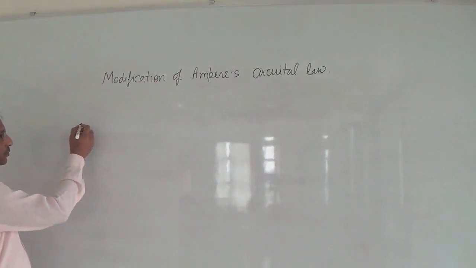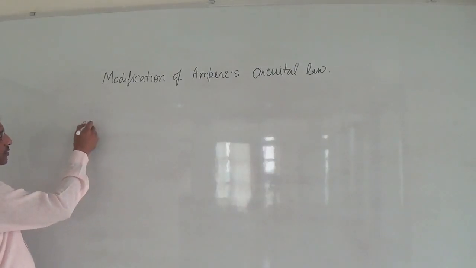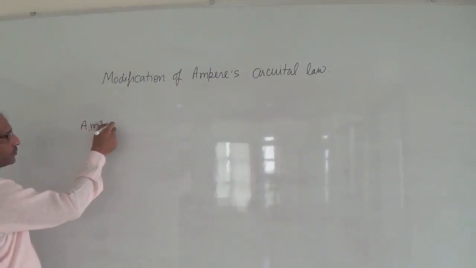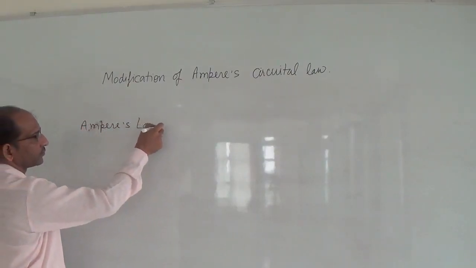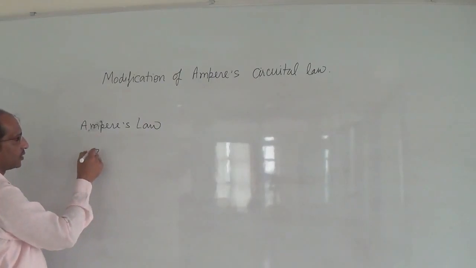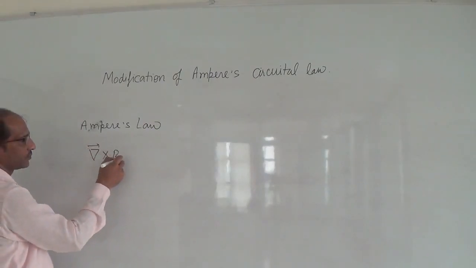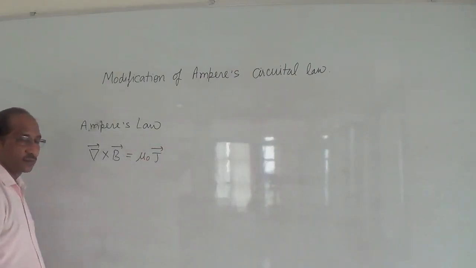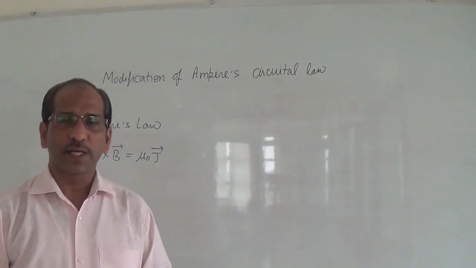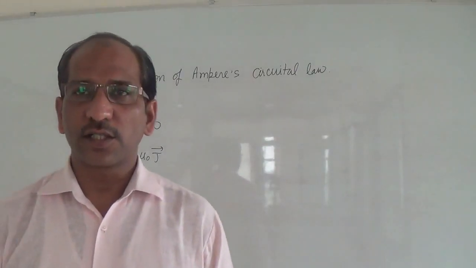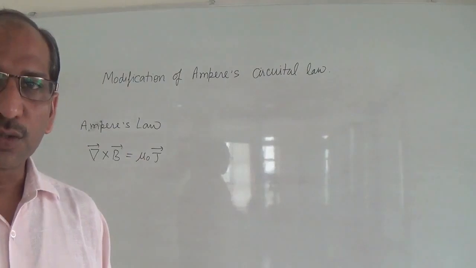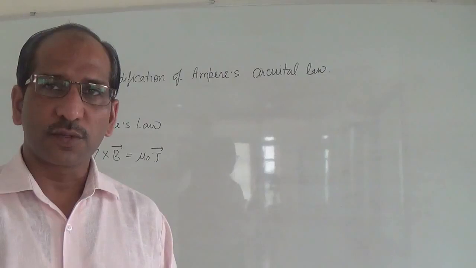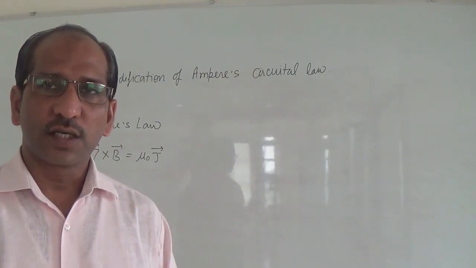So in general we define Ampere's law in differential form: del cross B is equal to mu naught times J, where B is the magnetic field density and J is the current density. One can also derive the differential form from the integral form by using the Stokes theorem.